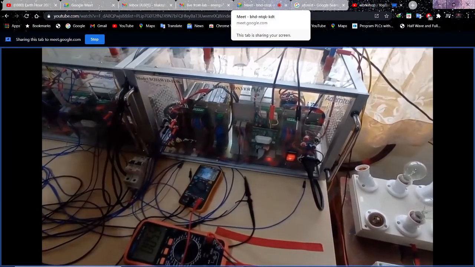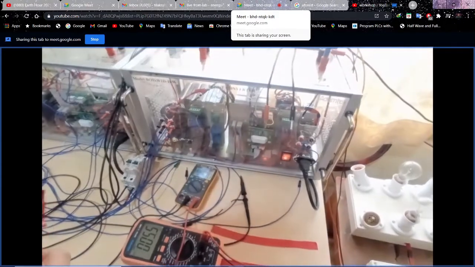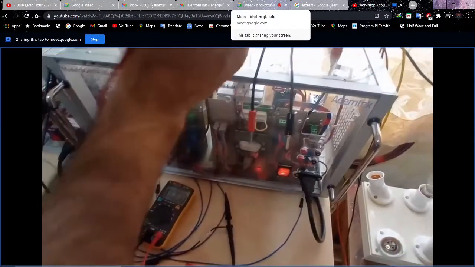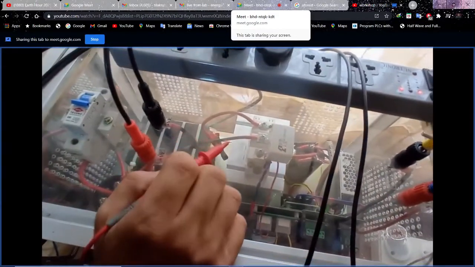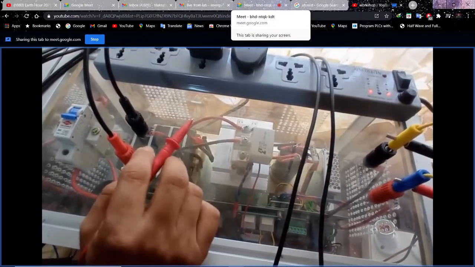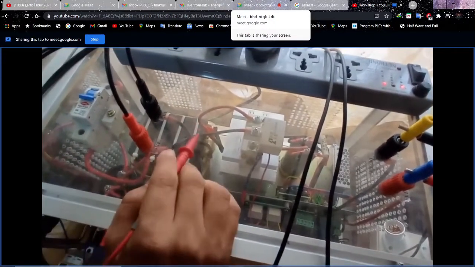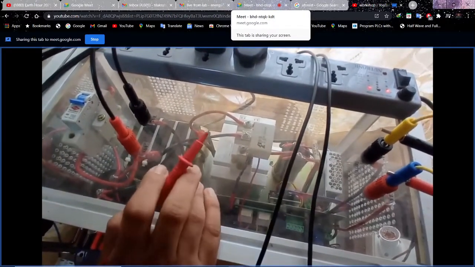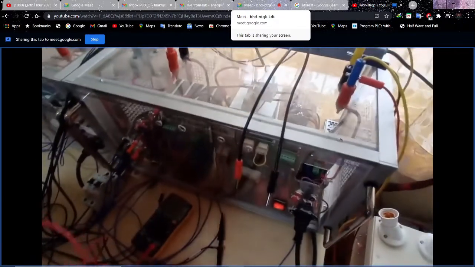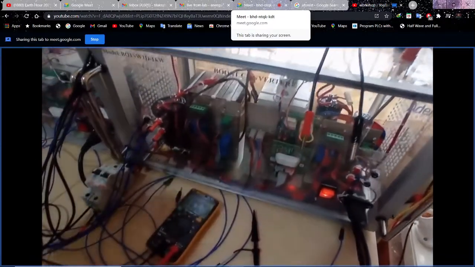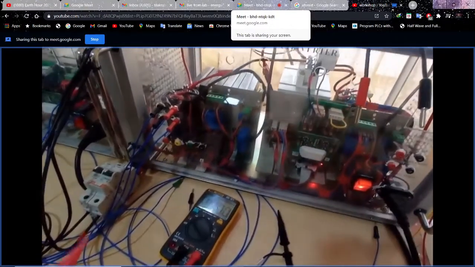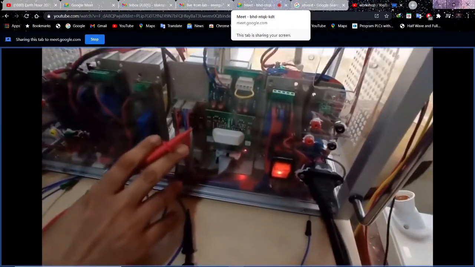Now we have to understand what is inside the boost converter. Now you can see this is the IGBT. Using this IGBT, we will boost up the input voltage to the output voltage. This IGBT we control using the gate pulses, and those gate pulses are provided by this driver circuit.